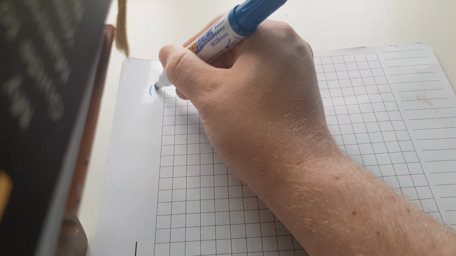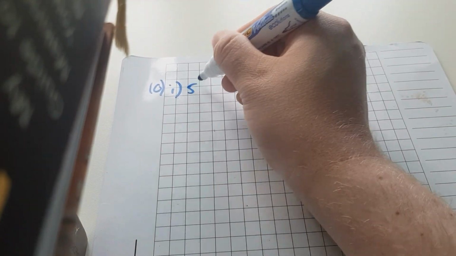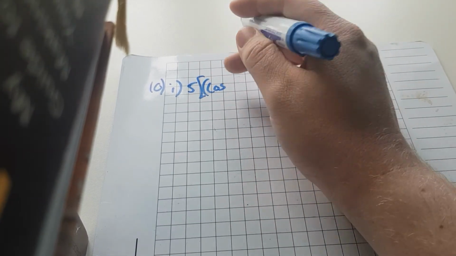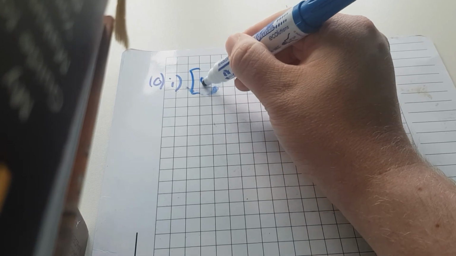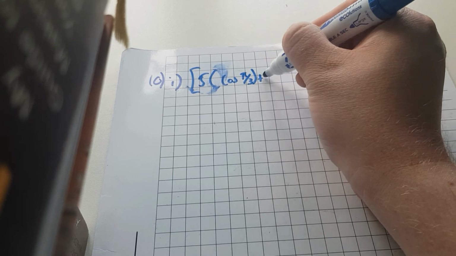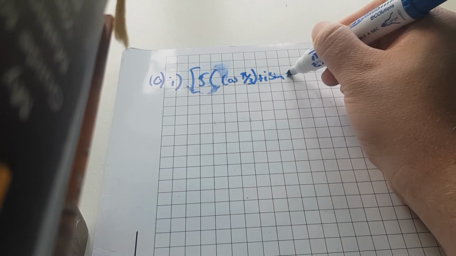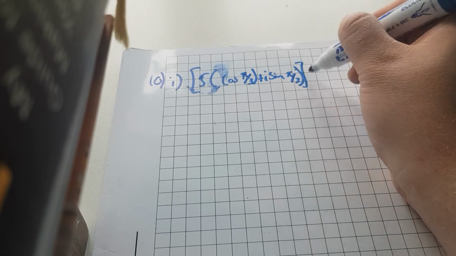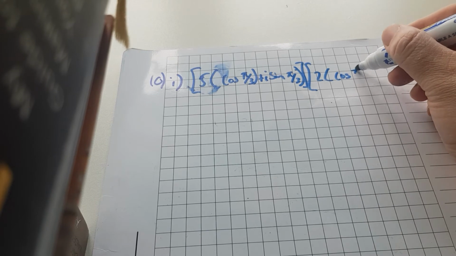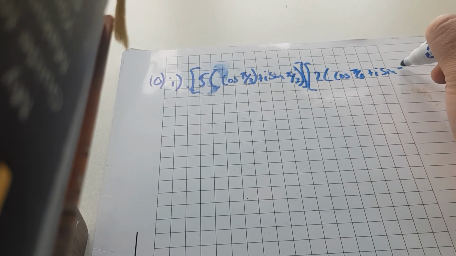That's the only request I got, so I presume the rest of it was fine. So for multiplying and dividing, I'll do the first one of 10, which I asked you to do. So that's 5 cosine pi over 3 plus i sine pi over 3 times 2 cosine pi over 6 plus i sine pi over 6.